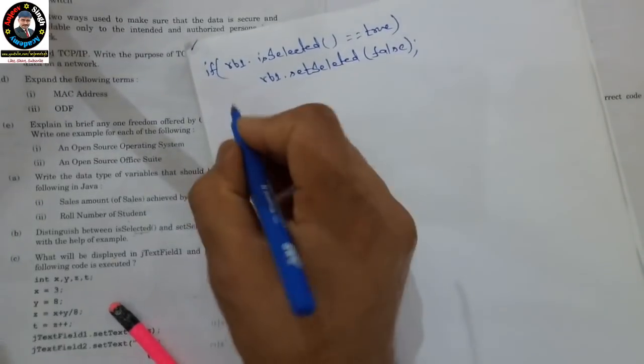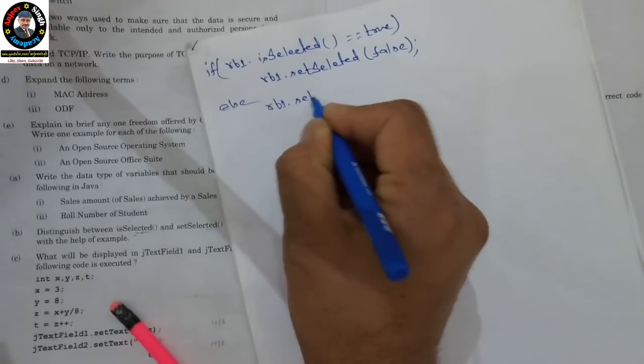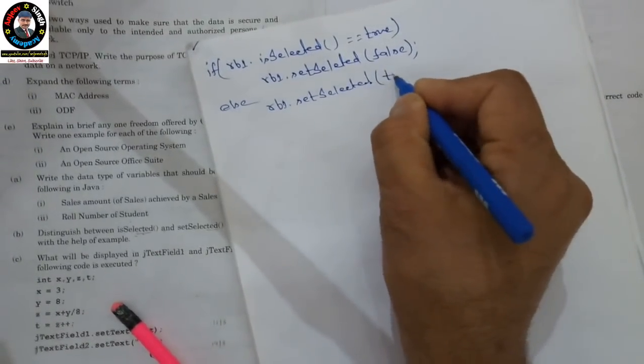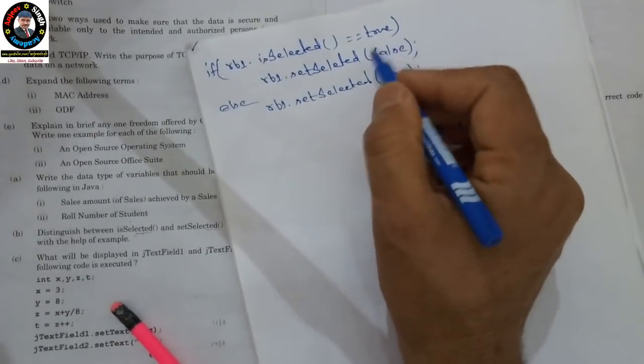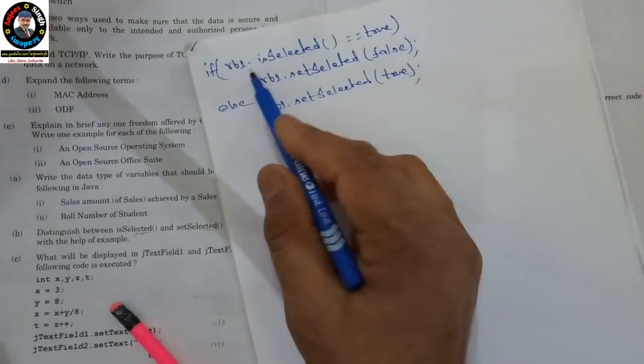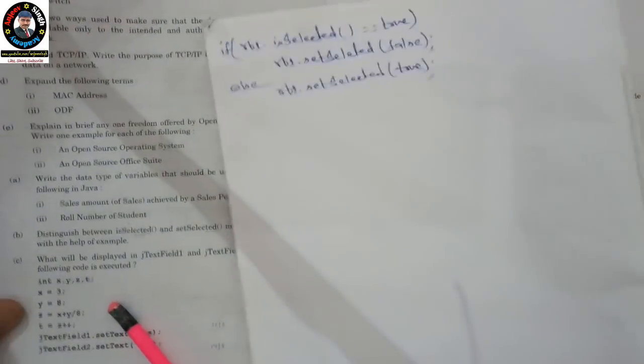If it is true, make it false, else RB1 dot setSelected true. Okay, so by this command I'm just changing the value of radio button 1. If it is true, then make it false. If it is false, then make it true. So this is the example for this question.